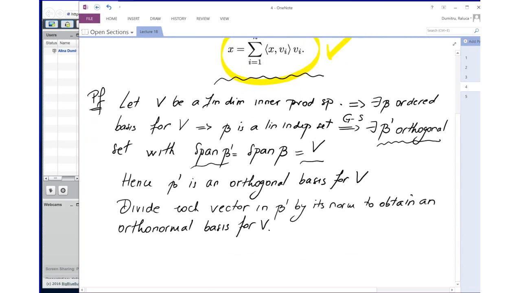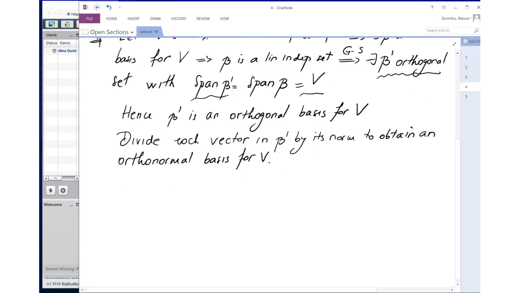Now, one immediate application of this is into the matrix associated to a linear transformation. Because the entries of the matrix of T in a basis beta were given by the coefficients of the linear combination, it must be the case that if you have an orthonormal basis, it's very easy to also compute that matrix based on the inner product. And that's exactly what happens.